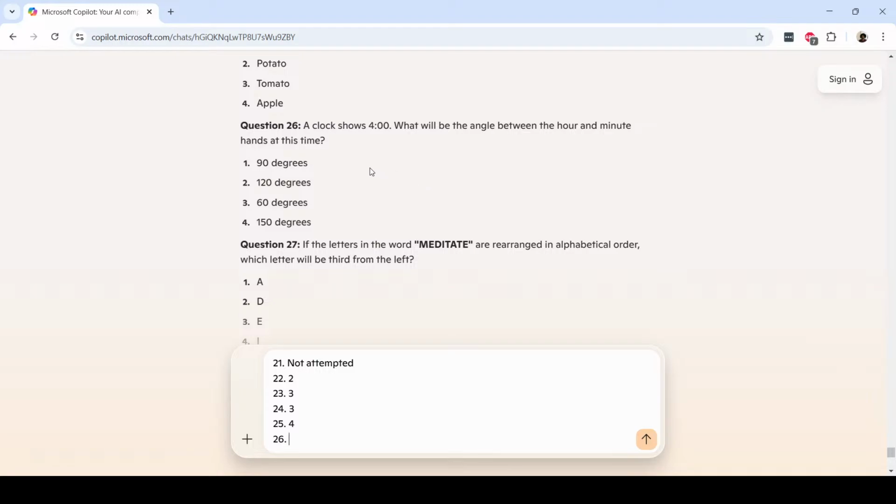So we have a clock and the time is 4 o'clock, right? And if you consider the clock has a 360-degree full circle, and 4 is one third of it, right? So one third is 360 by 3. So 360 by 3 is 120. So our answer is 120 degrees.